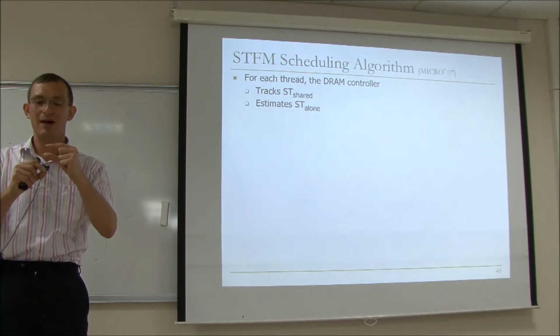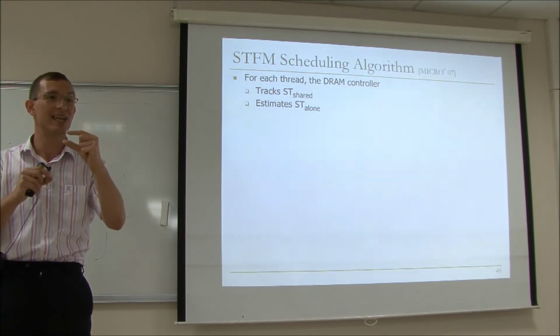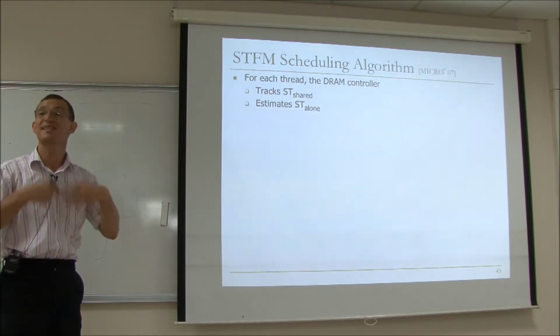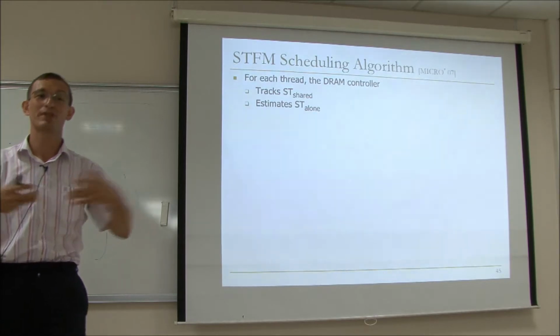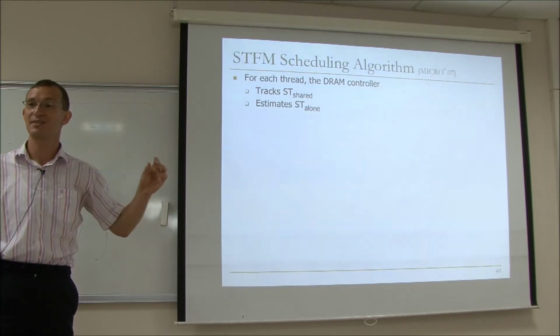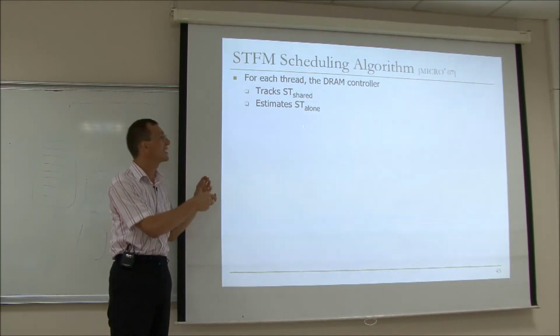Now A incurred some interference, right? The memory controller knows how long A was delayed. So we'll call this interference cycles. And this is an excess cycle. This is an extra cycle that wouldn't have happened, right? So the memory controller keeps track of these extra cycles for each thread, and it subtracts those extra cycles from stall time shared to get the stall time alone for each thread.